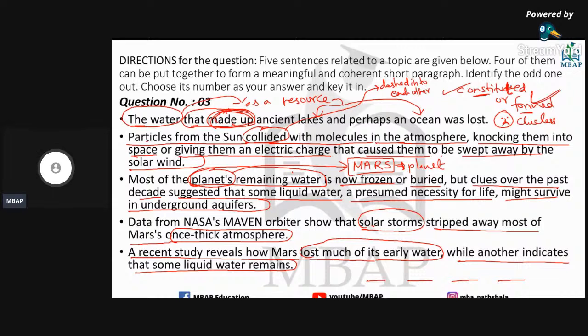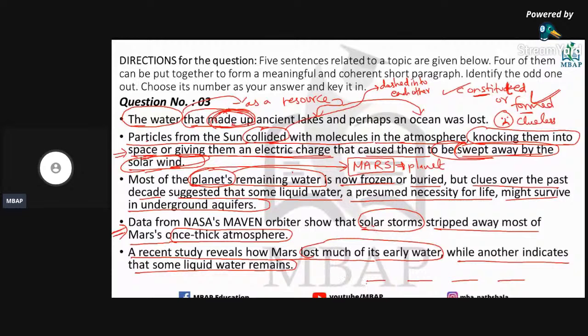So if you notice carefully, sentence 2 gives the reason why: knocking them into space or giving them an electric charge that caused them to be swept away by the solar wind. And the knocking off and sweeping away by the solar wind is being talked about in sentence 4.